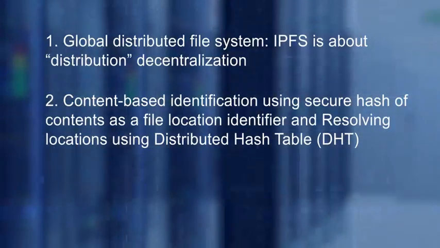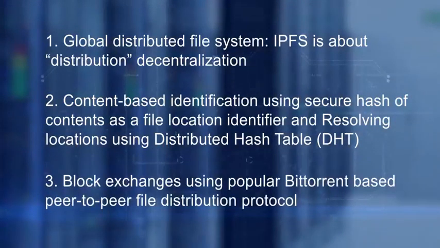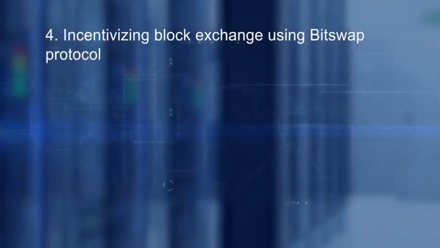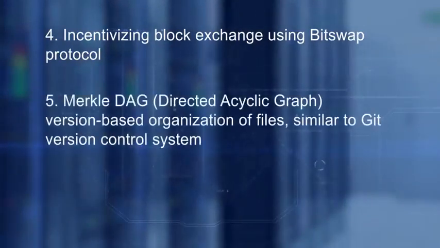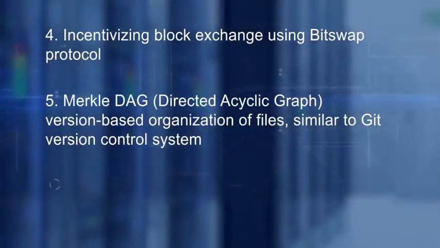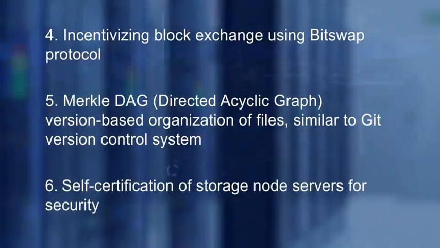The next idea is block exchange using the popular BitTorrent-based peer-to-peer file distribution protocol, and incentivized block exchange using the BitSwap protocol. Then there is the Merkle DAG, a directed acyclic graph version-based organization of files similar to the Git version control system. And finally, self-certification of storage node servers for security.